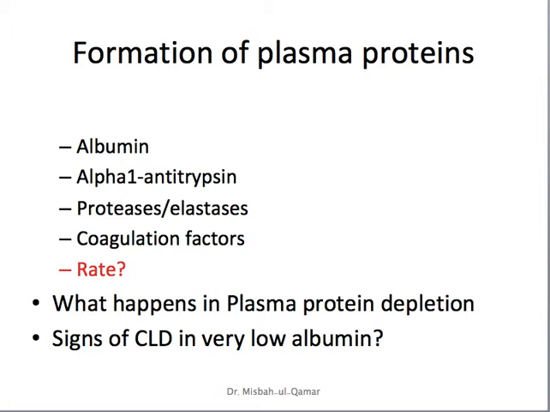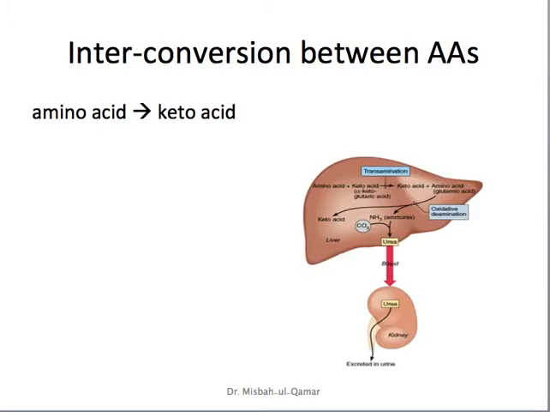In chronic liver disease, for example in cirrhosis, edema and ascites occur due to very low albumin. Now, transamination for the interconversion between amino acids allows the formation of non-essential amino acids and compensates for any dietary deficiency.